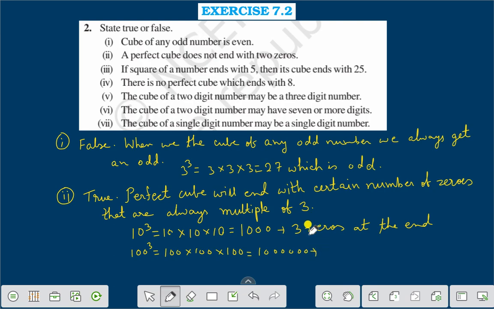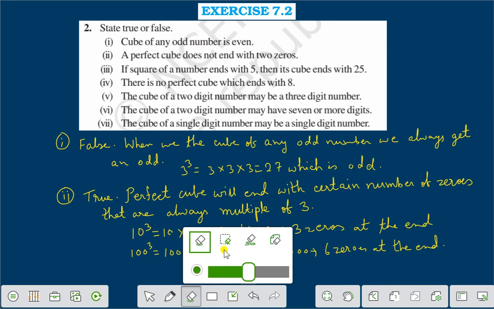There are 6 zeros at the end, and that is a multiple of 3. 3, 6, right?